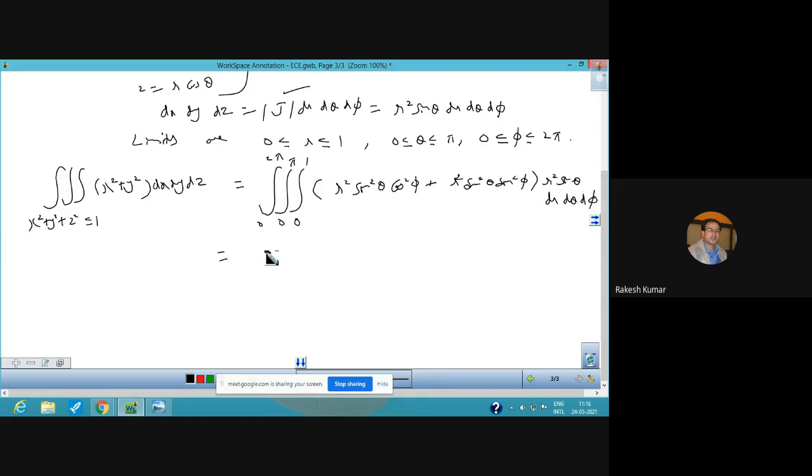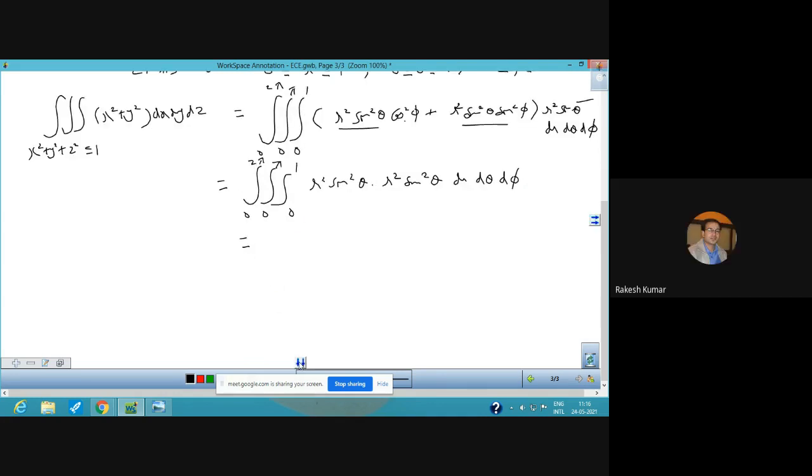Now you just see, in this r square sine square theta is common. Inside you will have cos square phi plus sine square phi, which will give you 1. So that is also r square sine square theta dr d theta d phi. Limits are 0 to 1, 0 to pi, and 0 to 2 pi.